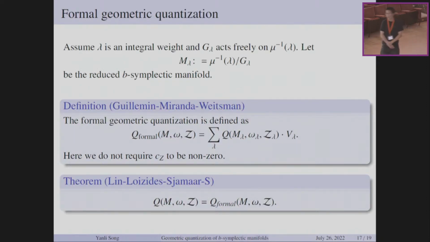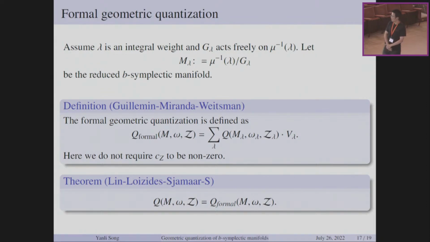Here's one more thing: if lambda is an integral weight, the shifting trick also works in this setting. With some mild assumption, you can use the shifting trick. Shifting trick means that the result we discussed so far is a reduction at 0. 0 is a co-adjoint orbit of integral weight, and you can actually reduce the manifold not just at 0, but at other integral weights, so that we can define M lambda to be mu inverse of lambda over G lambda.